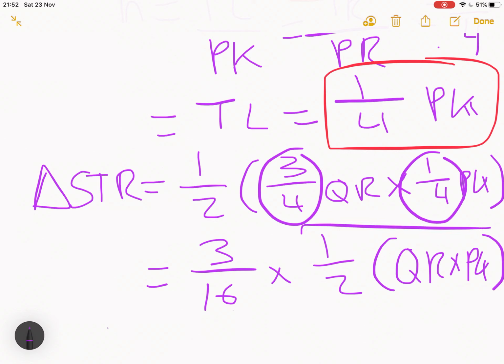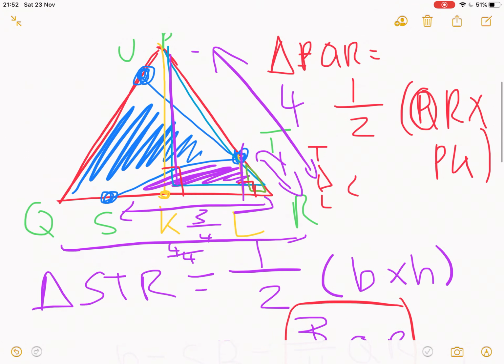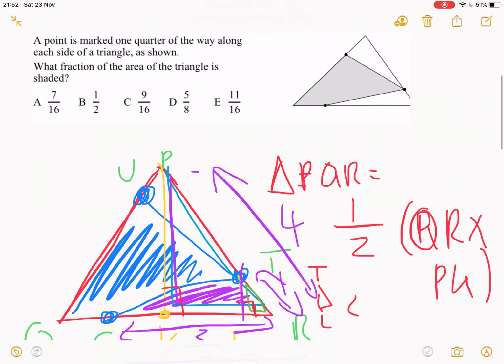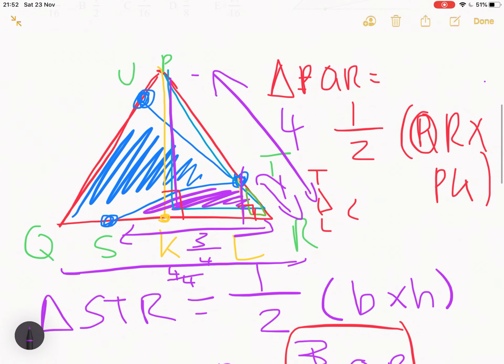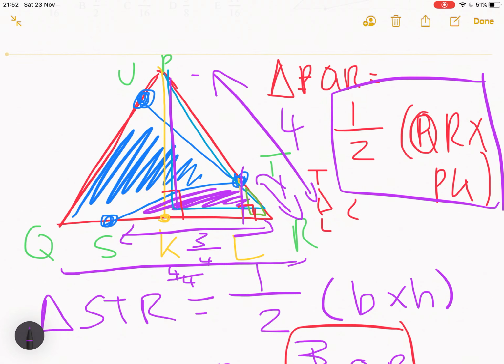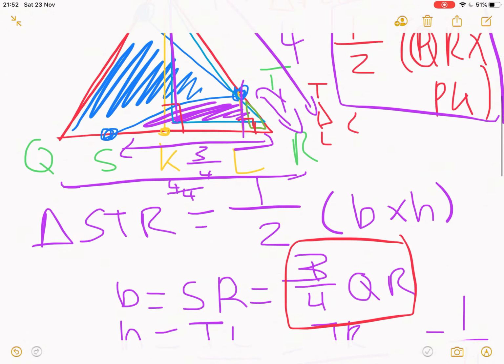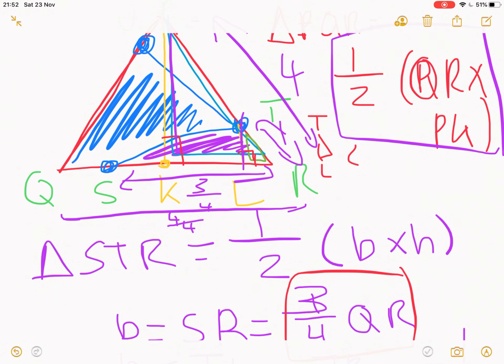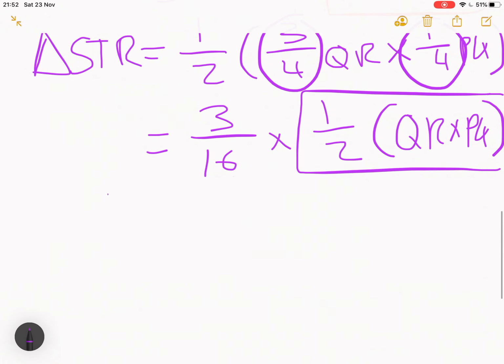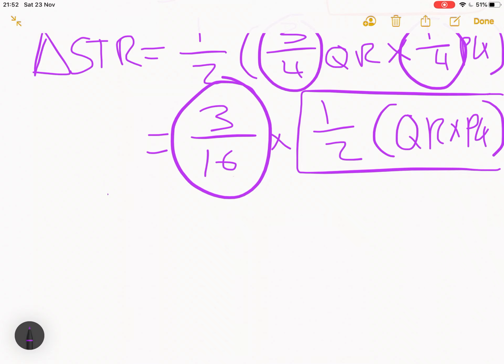And we know that a half QR PK actually is our area of PQR. Therefore, STR, our purple triangle, is 3/16 of the whole triangle.